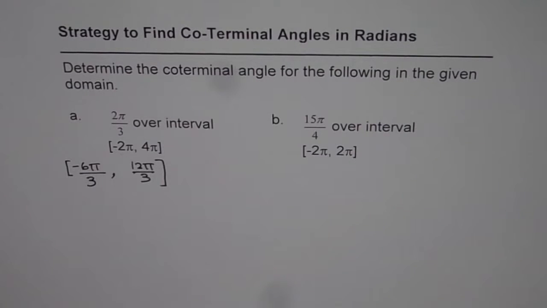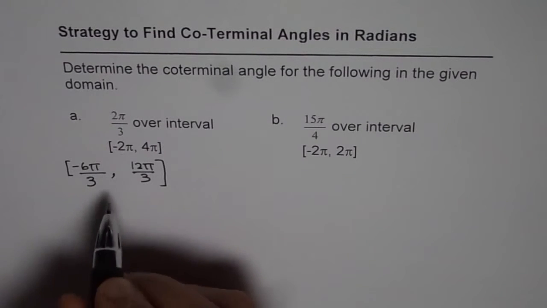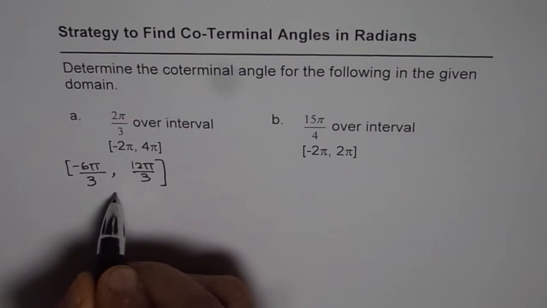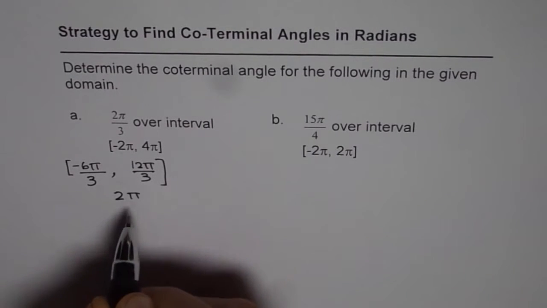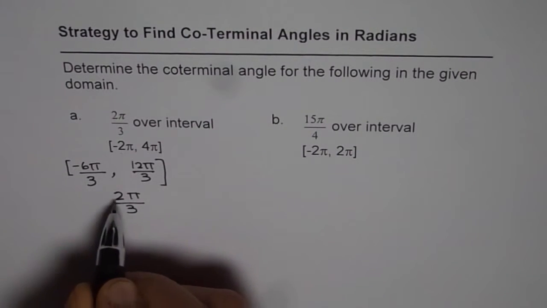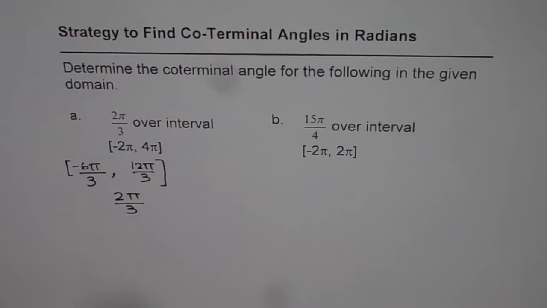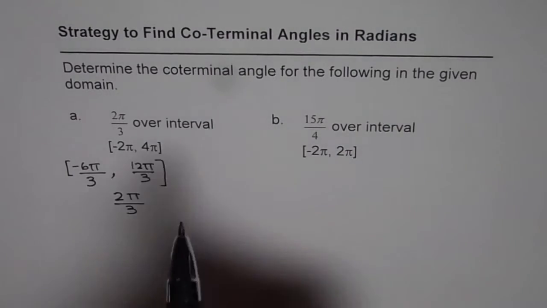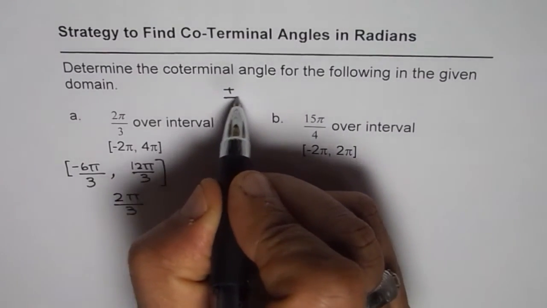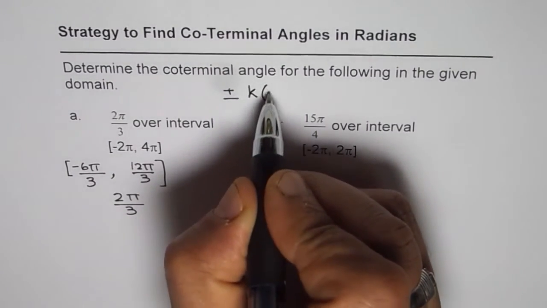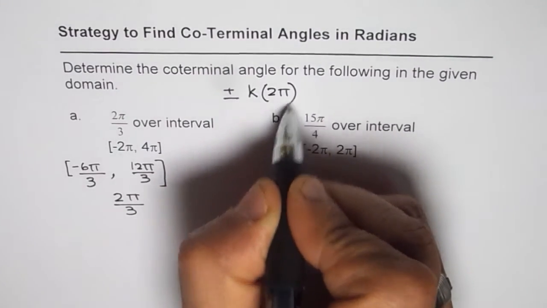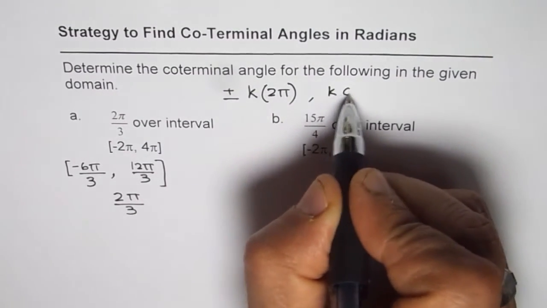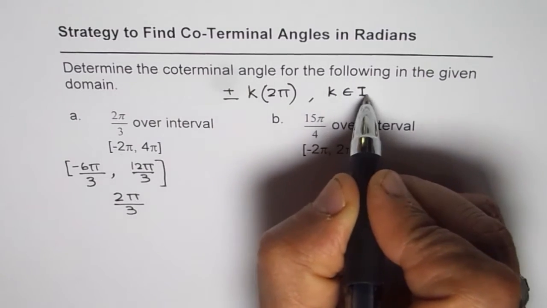But it helps. It helps how? It helps since we can find the coterminal angles by now adding 2 pi by 3 with what? So normally to find coterminal angles, what do you do? You add or subtract k times 2 pi, right? Where k belongs to set of integers.